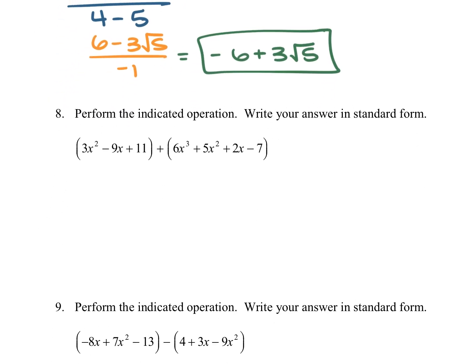For 8, we are adding these two polynomials. So we have 3x squared minus 9x plus 11 plus 6x cubed plus 5x squared plus 2x minus 7. We're going to get rid of the parentheses and just combine like terms.